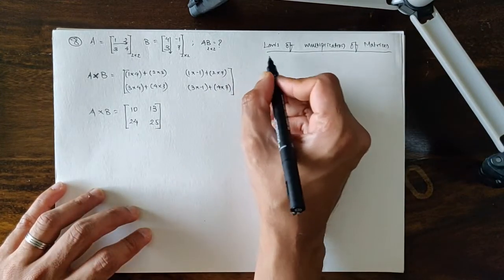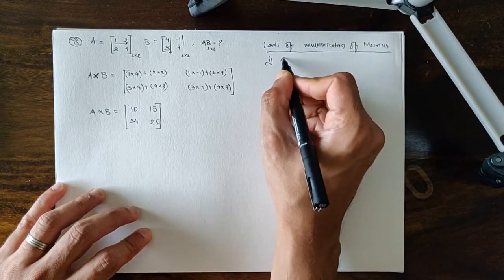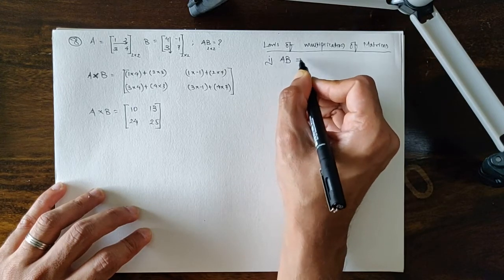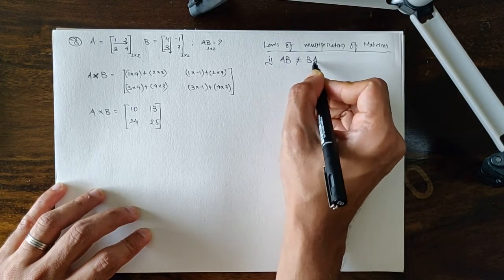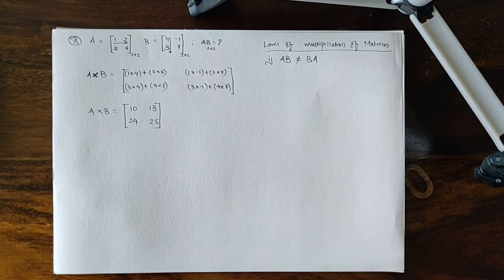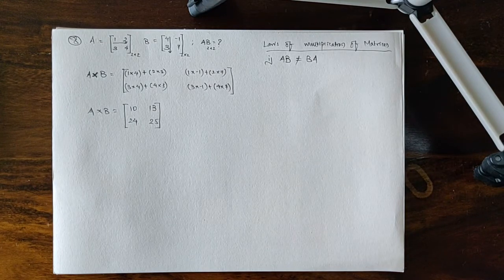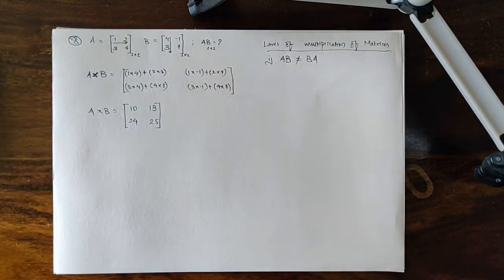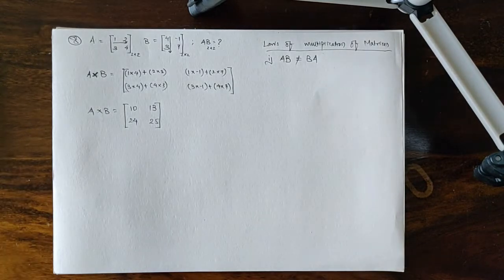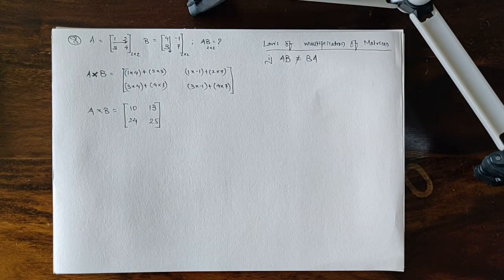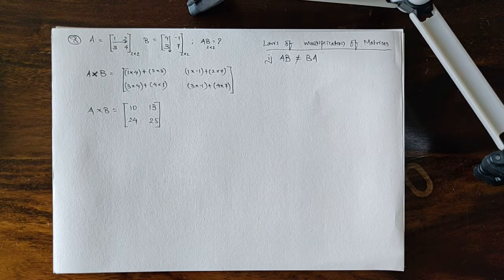The first law is AB is never equal to BA. So multiplication of matrices is not commutative. You cannot multiply two matrices in any order. So A into B will not be equal to B into A in case of matrices.